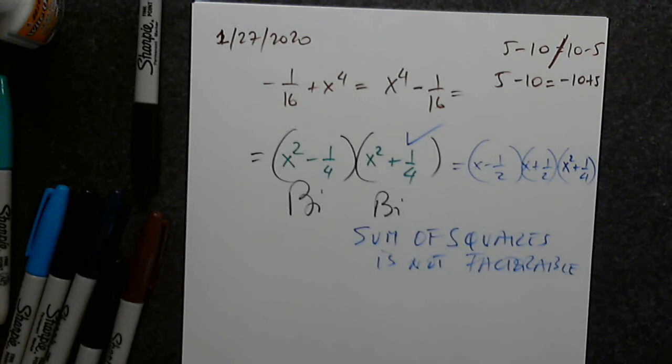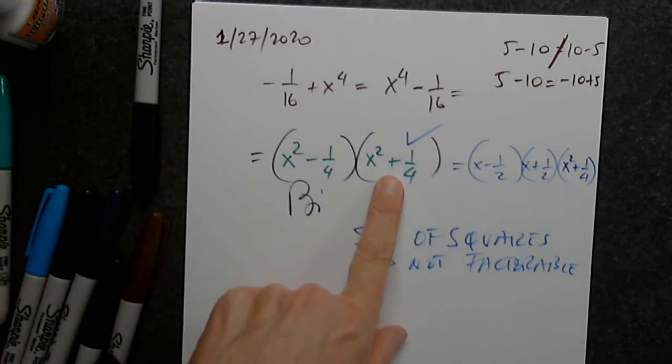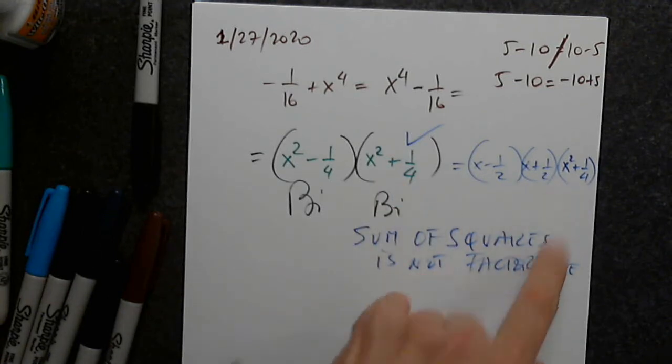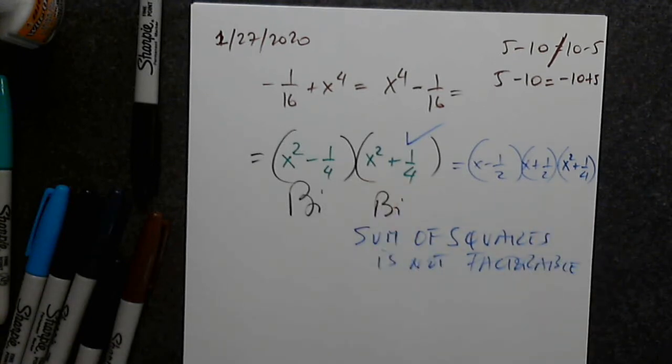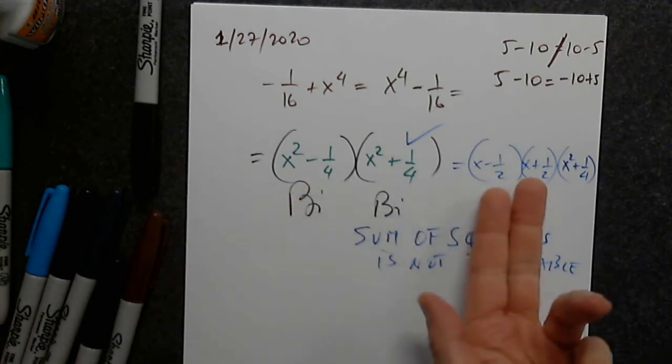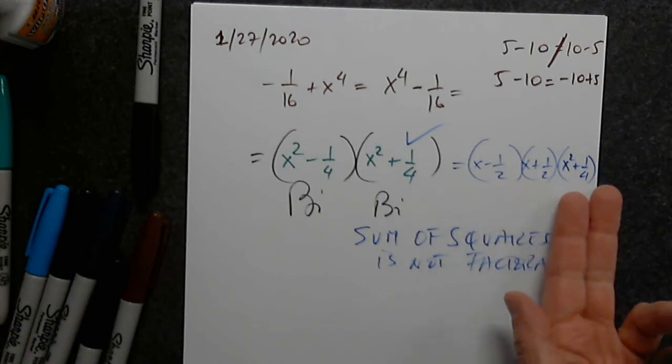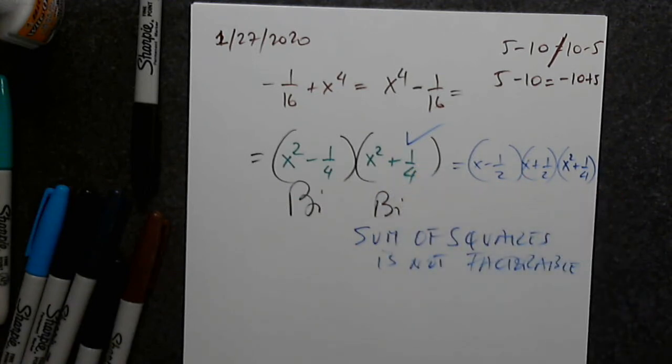Maybe I didn't notice where the sum of squares was connected to what we're doing here. This is the sum of squares. Yeah, the sum of squares has to get copied. It's not factorable. So when I'm asked to factor, I'm asked to completely factor. And I can completely factor x squared minus 1/4 into x plus 1/2 and x minus 1/2, but this, whatever I do, is not factorable.